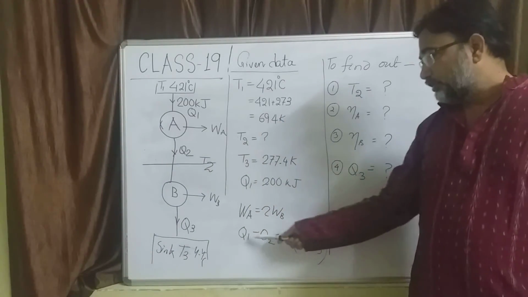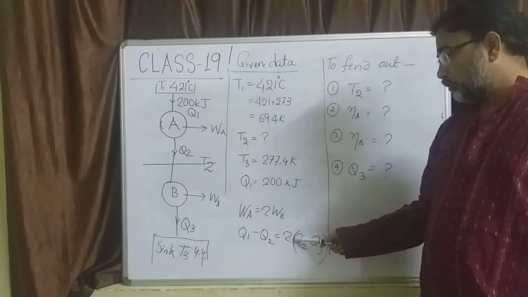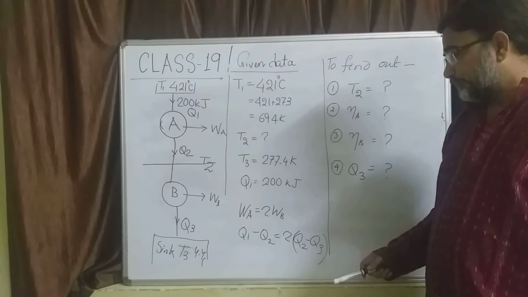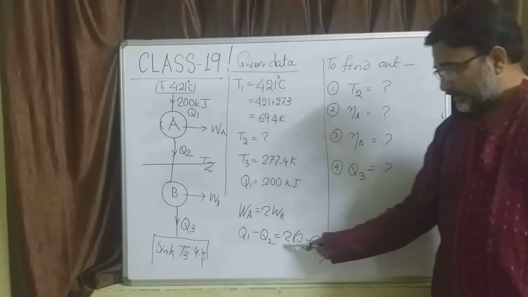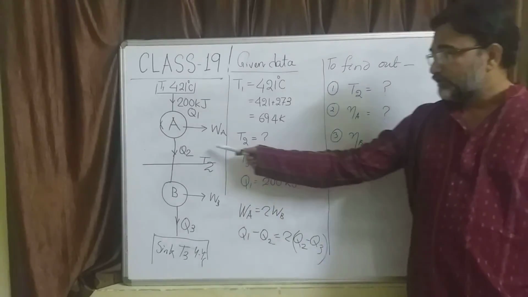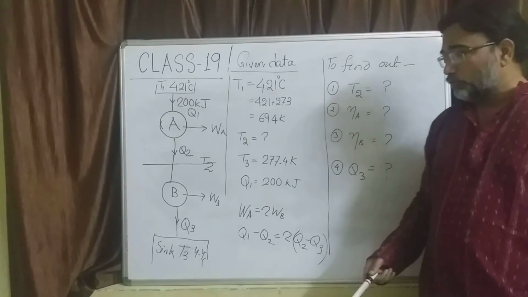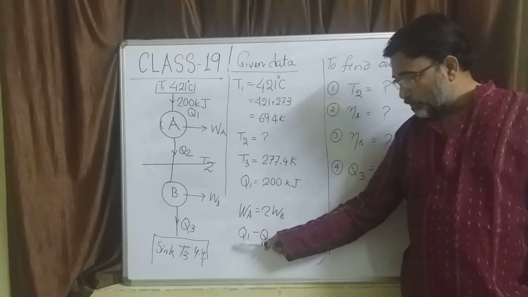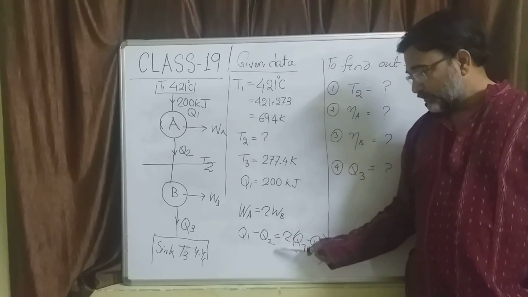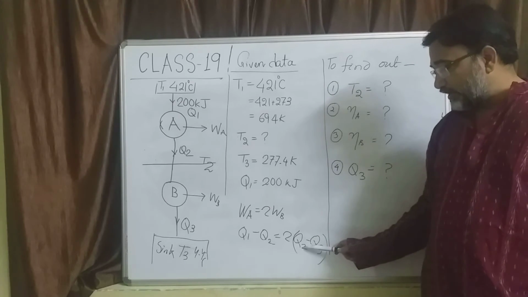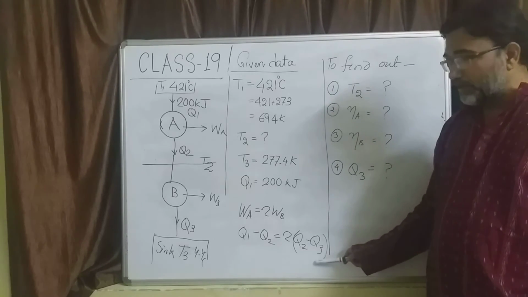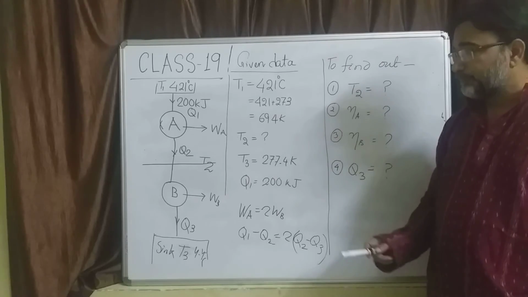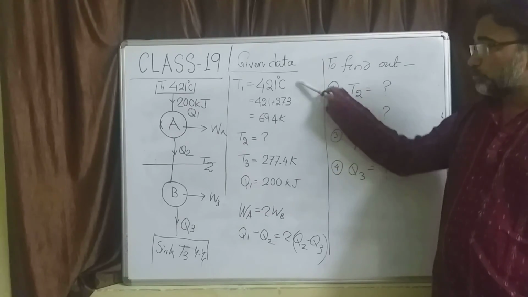Now see, Q1 minus Q2 is equal to 2Q2 minus Q3. Now if you divide the whole by Q2, because Q2 is a term that you don't know, then you will get Q1 by Q2 minus 1 is equal to 2 minus 2Q3 by Q2. And T1 and T3 are known to you.